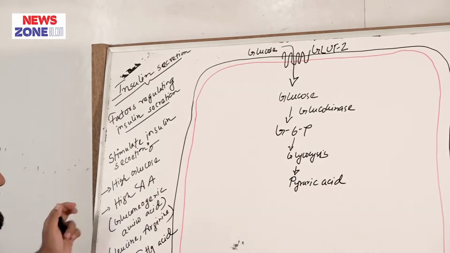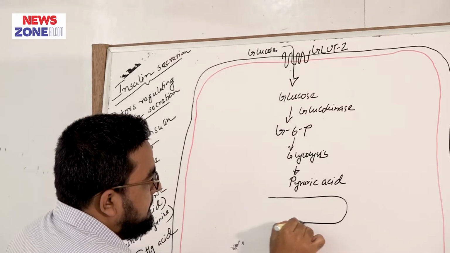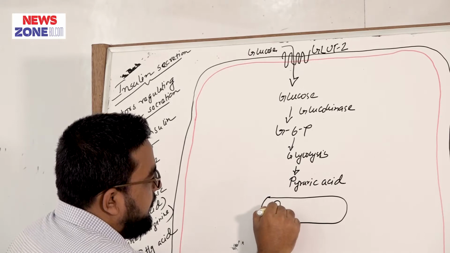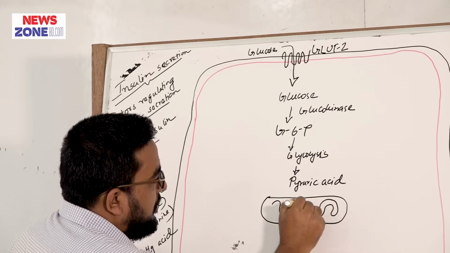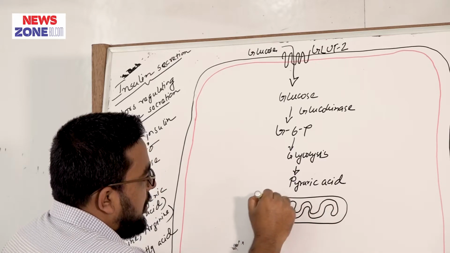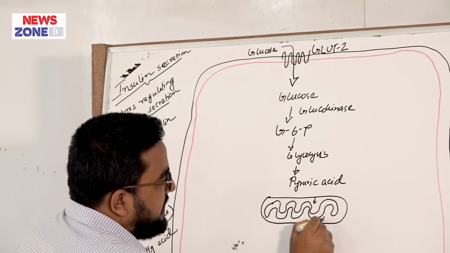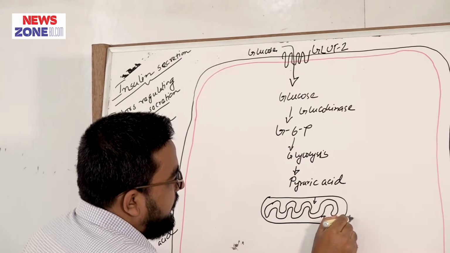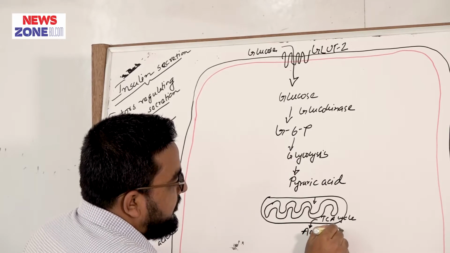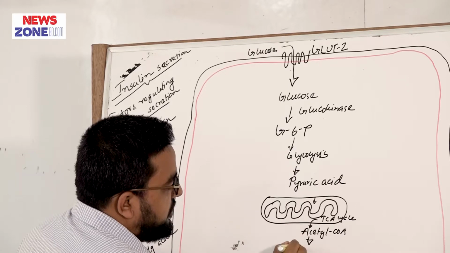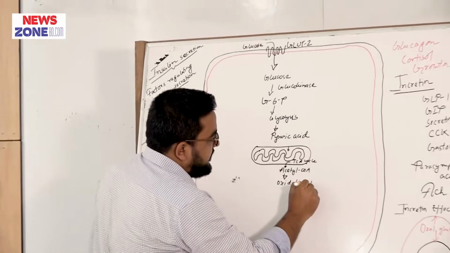Then this pyruvic acid goes into the beta cell mitochondria, and in the mitochondria it enters the TCA cycle, from which it produces acetyl-CoA. This acetyl-CoA then goes into another pathway in the mitochondria called oxidative phosphorylation.